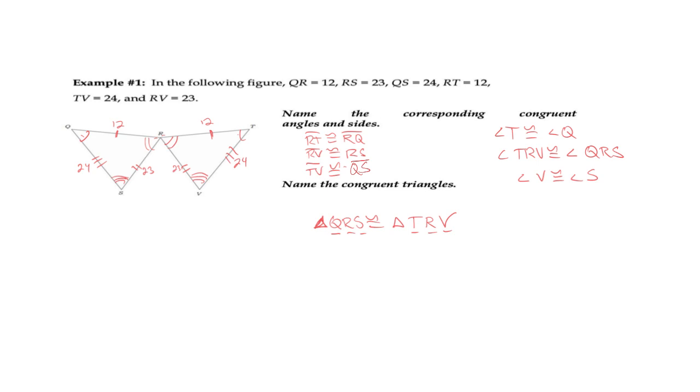Maybe I'll just rewrite the first one just so it matches the lettering up top. Right, so RT is congruent to QR. RS and RV, and TV and QS. And that's it.